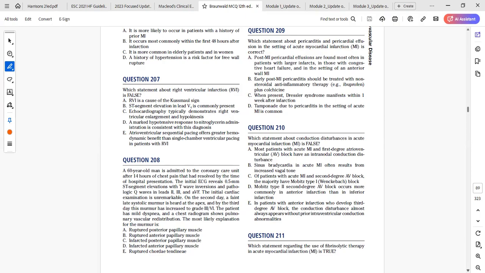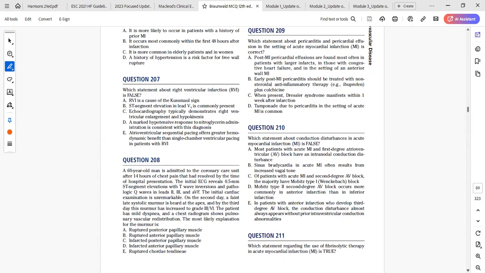So I'll try to narrow it down. For inferior infarction, it's common to have AV node involvement, and they will have the second-degree AV block type 1, the Wenckebach phenomenon. It's usually at the end of the day benign.